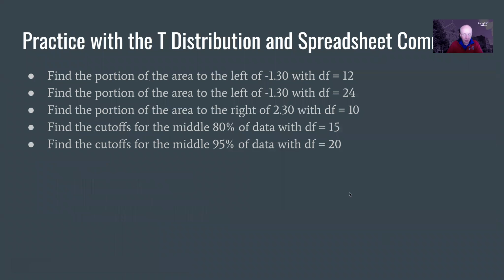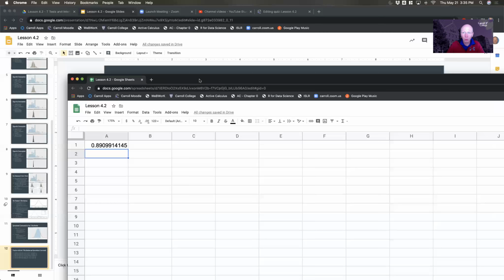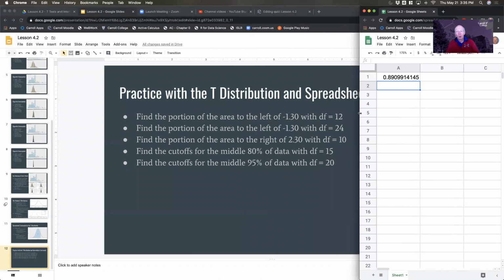All right, and I'm going to take this out of full screen mode, and I'm going to put my slideshow right next to my spreadsheet here. Okay, so I want to find the portion of area to the left of t equals negative 1.30. All right, so let's do it like this.